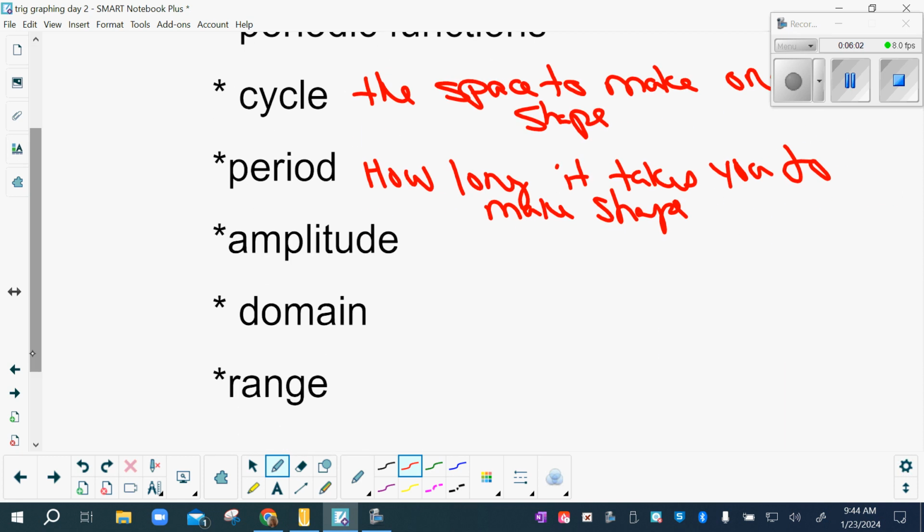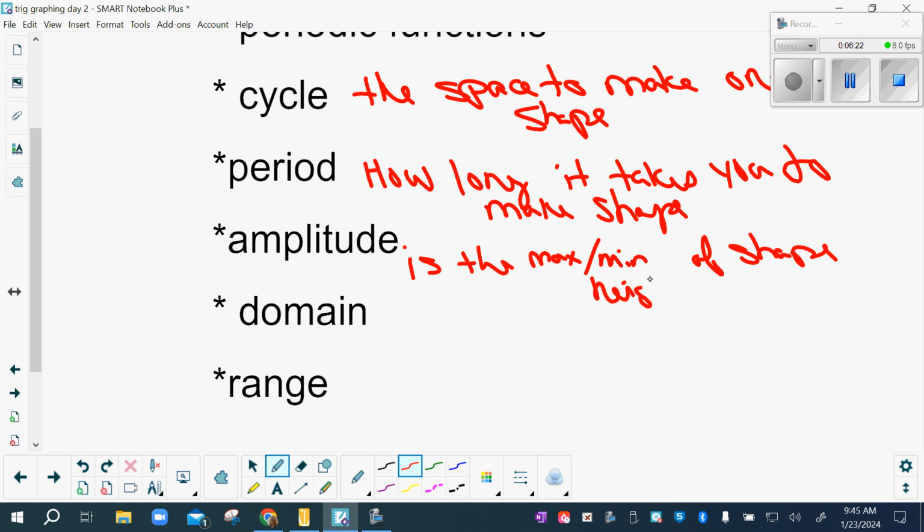The amplitude is the height of our shape. Actually, not really the height. Let's change that to the max and min height of our shape, because I don't just go 3 on the top, I go 3 down as well.